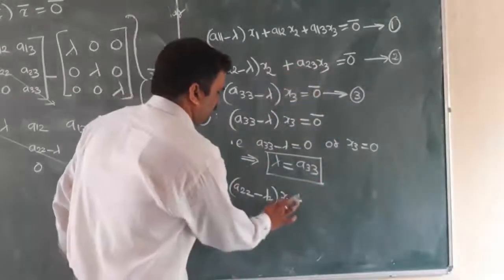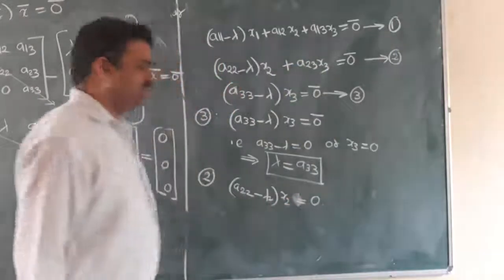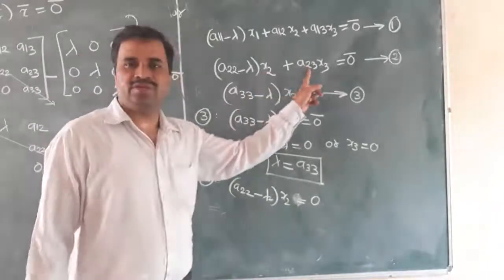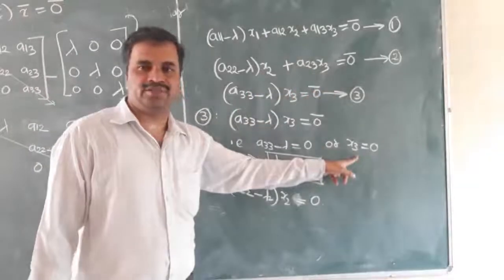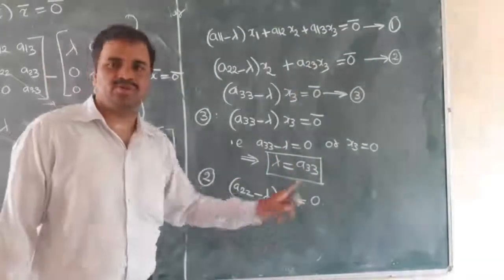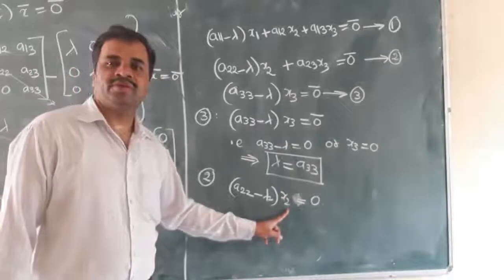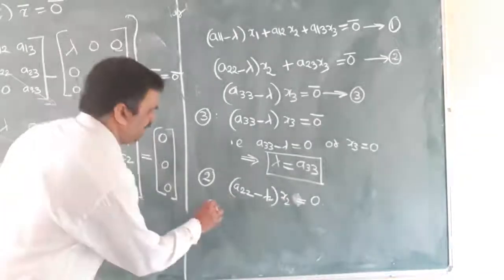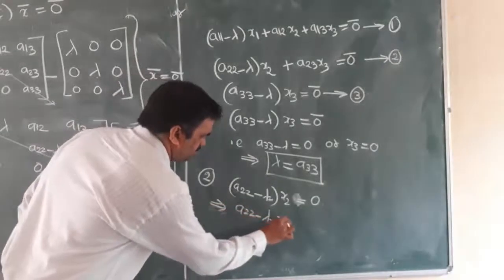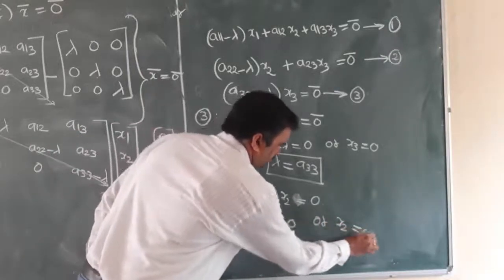So simply (a22 minus lambda) x2 is equal to 0, which implies a22 minus lambda is equal to 0 or x2 is equal to 0.